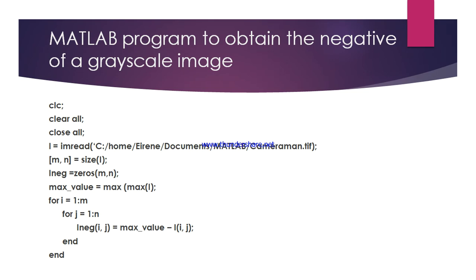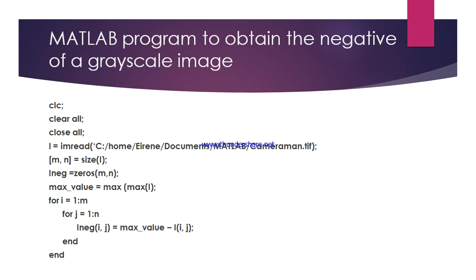Now next I will define the max value pixel. To get the maximum valued pixel of the original image, that is the element with the highest value in the original image matrix, we can use the command max. You can notice that I am using max two times here.